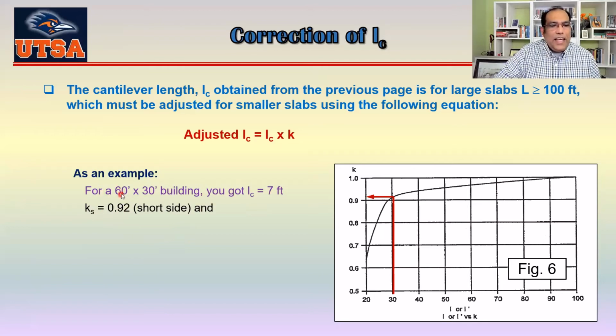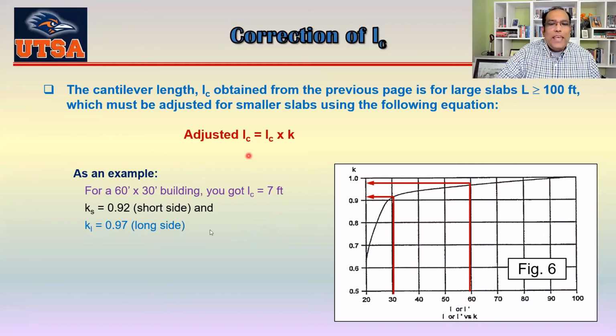And if I take the long side, which is 60, then you can see that this one is going here. So actually your K for the long side would be 0.97 from here.